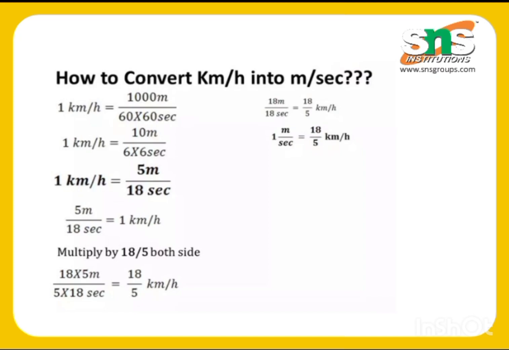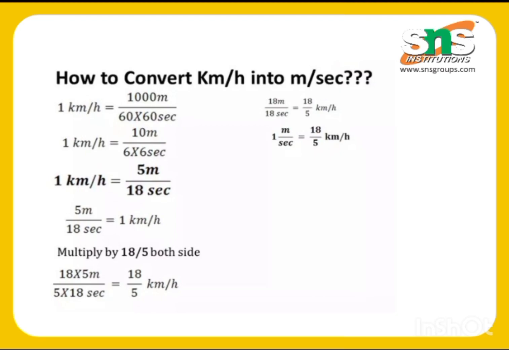Similarly, to convert meter per second to kilometer per hour, it's just the inverse or reciprocal, so you multiply by 18 by 5. This is all you should remember. For kilometer per hour to meter per second, multiply by 5 by 18, and for meter per second to kilometer per hour, multiply by 18 by 5. Remember these conversions, which will be helpful in solving problems.